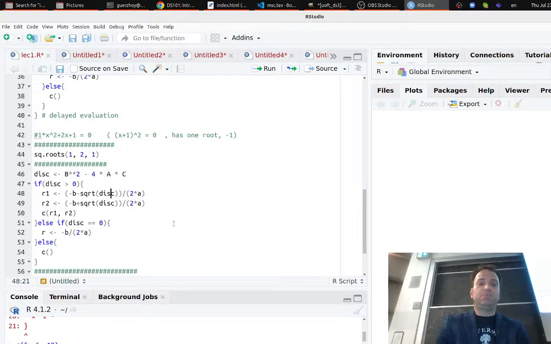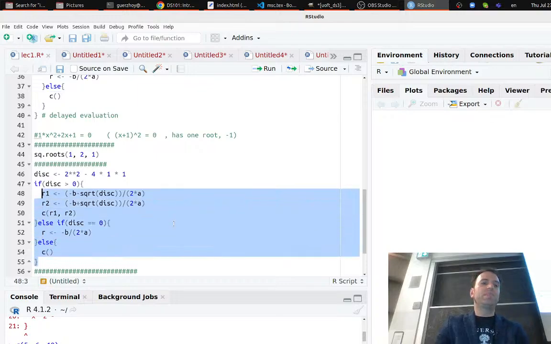Here I'm substituting 1, 2, 1, so b is 2, a is 1, c is 1. And then the discriminant, well, we'll find out next time. Here we need the discriminant, can't compute this yet, no R1, no R2, can compute this, can compute this. This is just the empty list, vector, sorry.